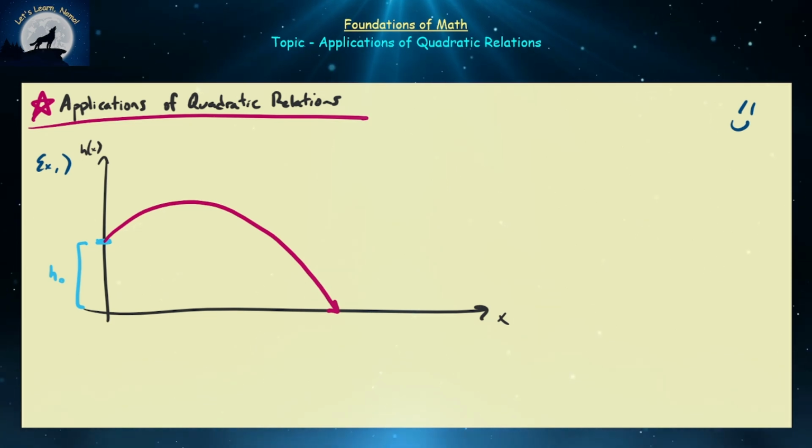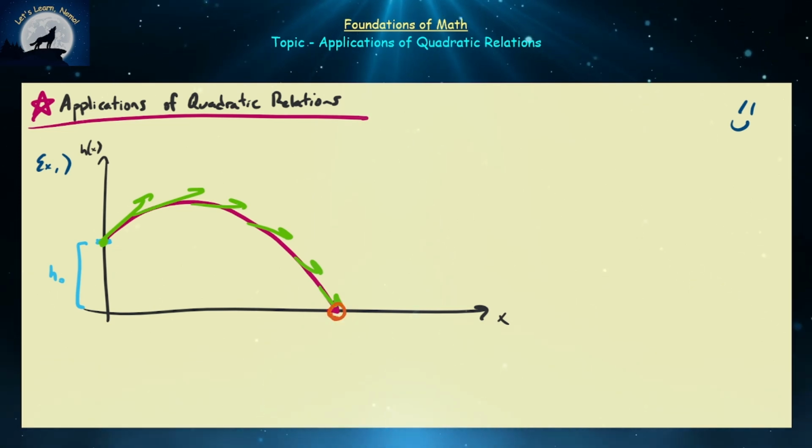So what do we have exactly going on here? We have an object, and it's going to be projected at this particular elevation, at that particular angle, and then it's going to fall eventually, and then hit the ground at some point later in the future.